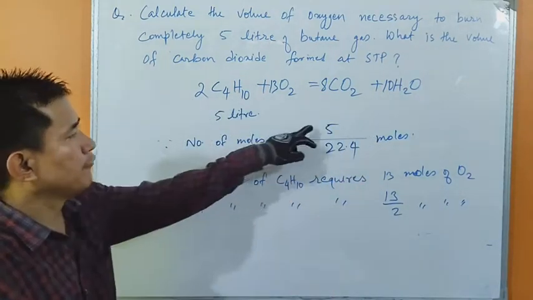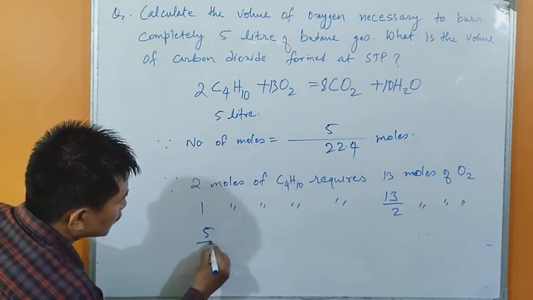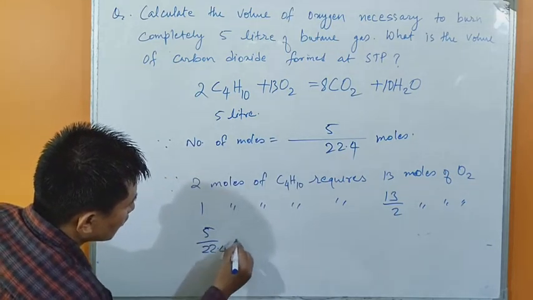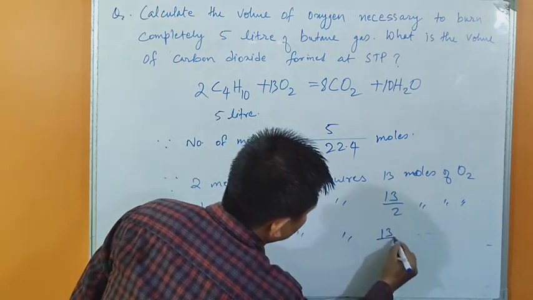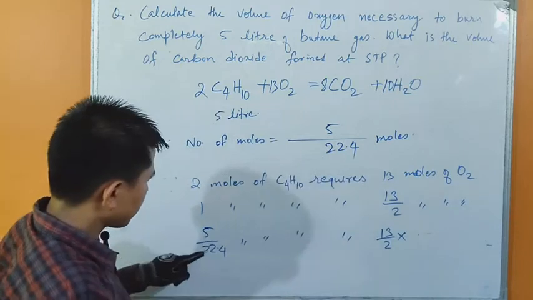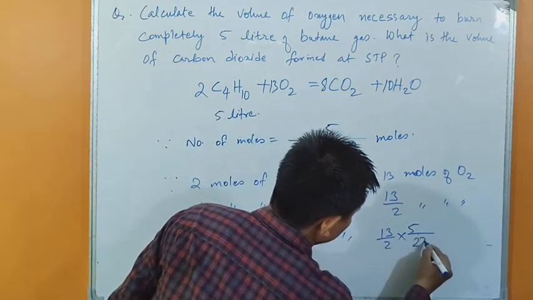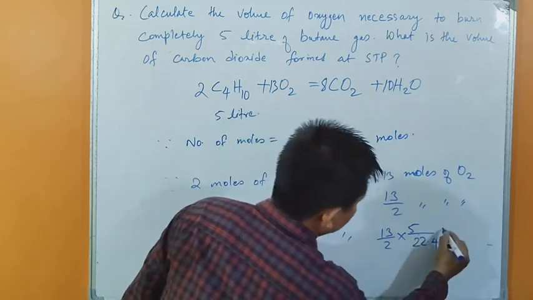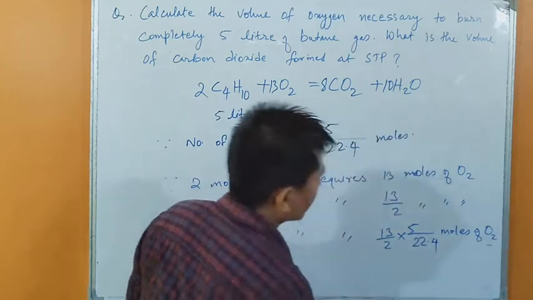But we have 5 upon 22.4 moles of butane. So 5 upon 22.4 moles of butane requires 13 upon 2 into 5 upon 22.4 moles of O2. Got my point?